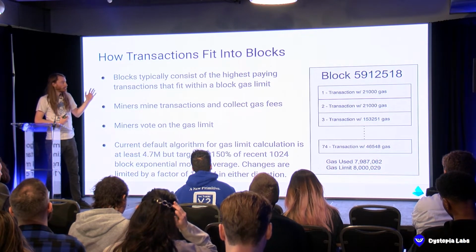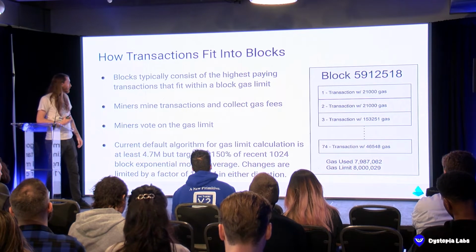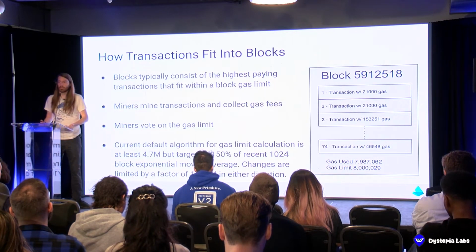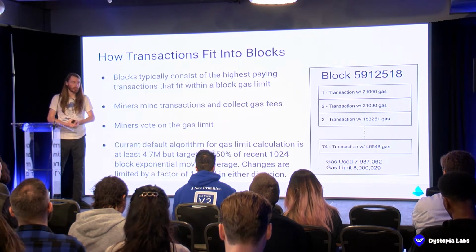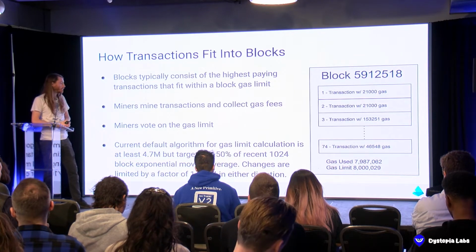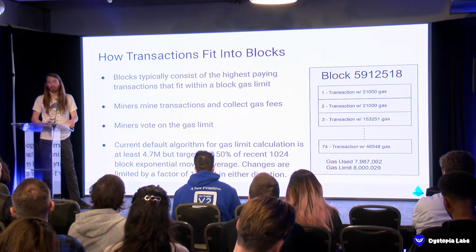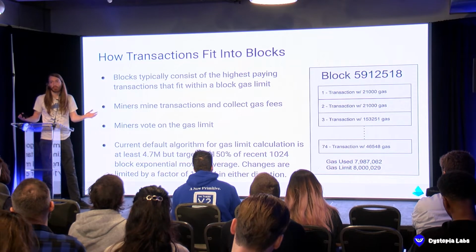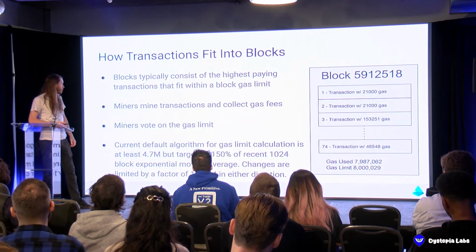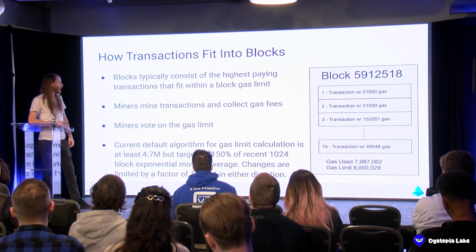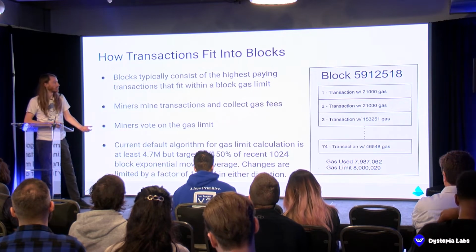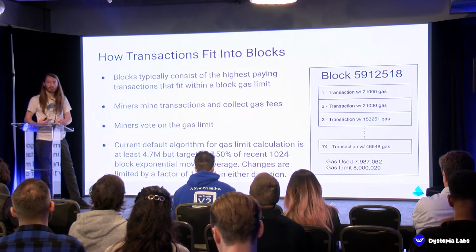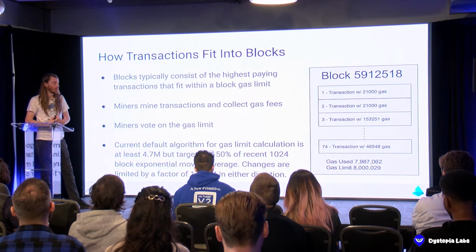And a block has a limit of how much gas is in it. And this limit can move up and down. It does from time to time. But in general, it moves very slightly unless it's an organized kind of upgrade to Ethereum. Miners, the block producers, receive parts of this gas as rewards.